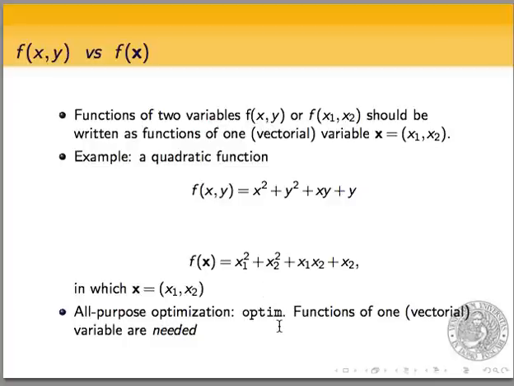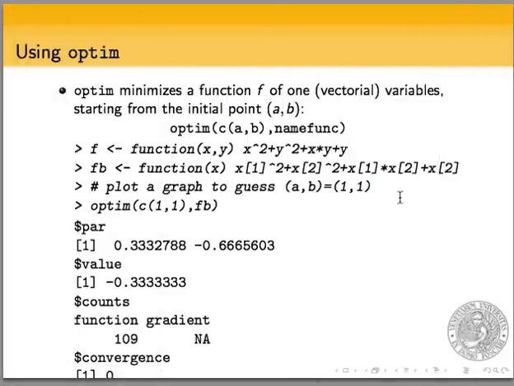And this sort of definition is indeed needed if you want to use the all-purpose optimization function in R, which is called optim. So what should you do when minimizing a function in R?